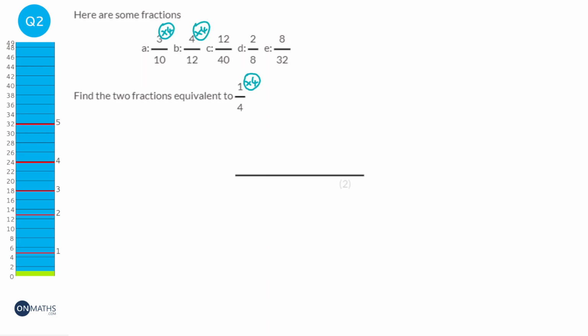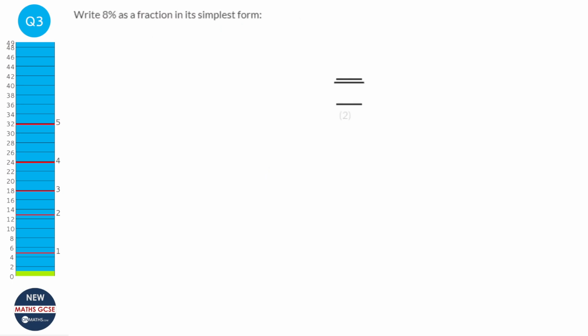Well, that doesn't match. 12 times 4 here is 48. That doesn't match. 2 times 4 is 8, so that does match. So our first answer is D, and let's see if there's a match for our last one, which hopefully there is. 8 times 4 is 32, so there is a match for our last one as well. So those are the two fractions.